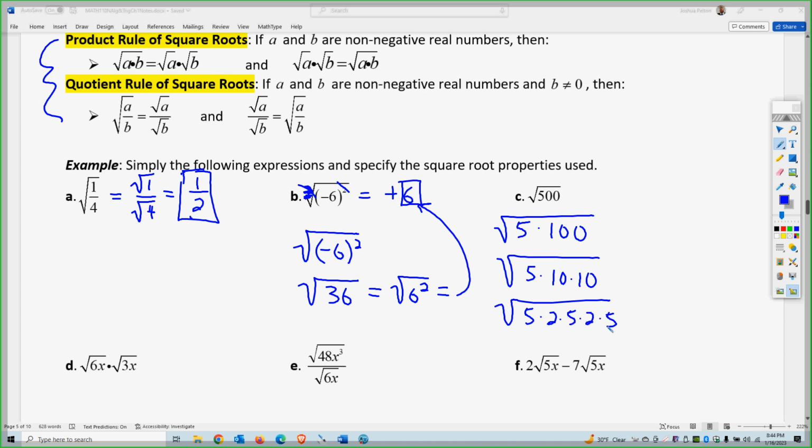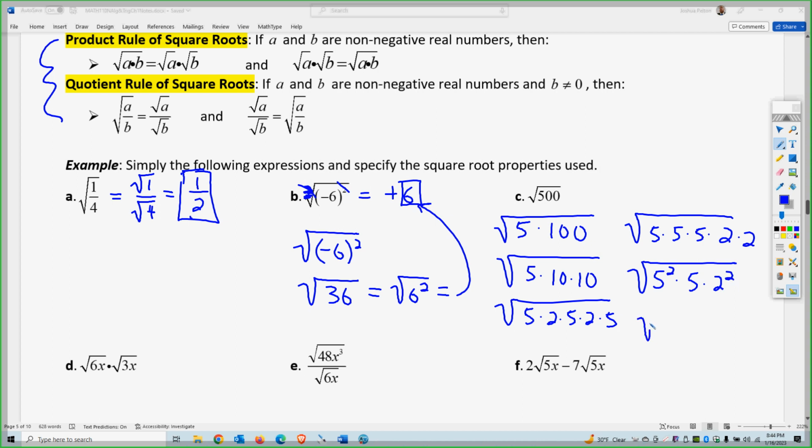That is the prime factorization of 500. Let's rearrange it in order: 5, 5, 5, 2, 2. So I have a couple of pairs: 5 squared and 2 squared.